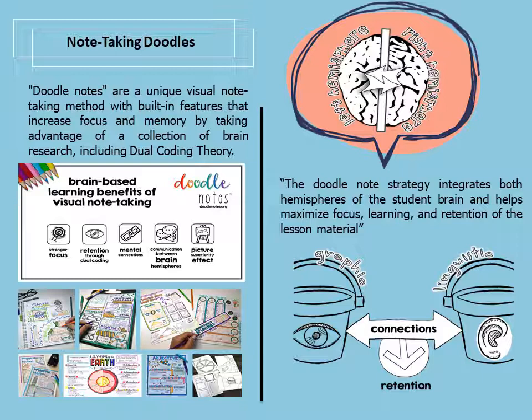And as you can see on the right side, there is a picture of the brain's left hemisphere and right hemisphere. So the doodle notes strategy integrates both hemispheres of the student's brain and helps maximize focus, learning, and retention of the lesson's material. And the picture below, graphic and linguistic.